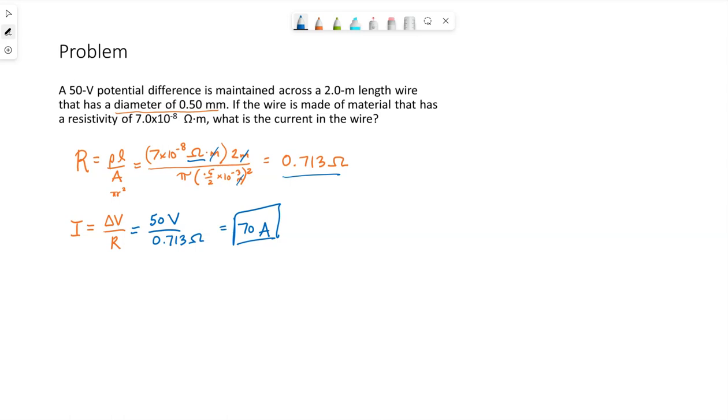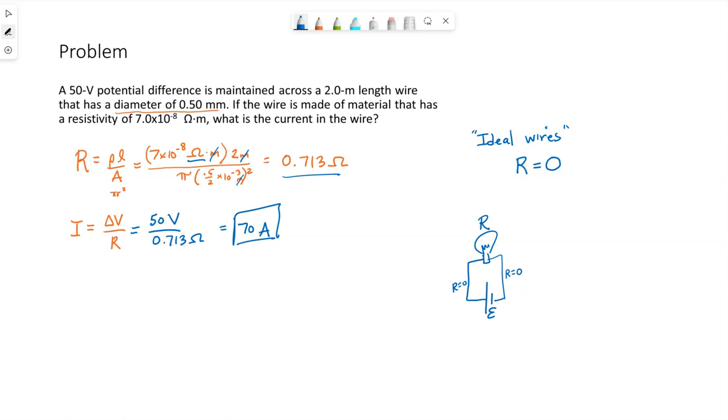As we solve problems both in this chapter as well as the next, we're going to assume our wires are ideal, meaning we're going to assume the wires that connect, say, to a light bulb have a resistance of 0, and all of the resistance is in the light bulb.